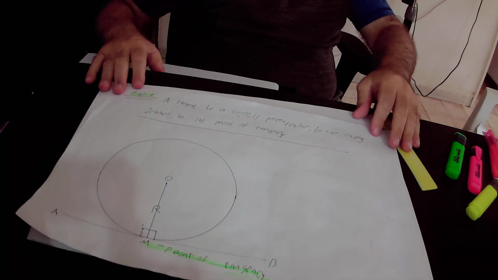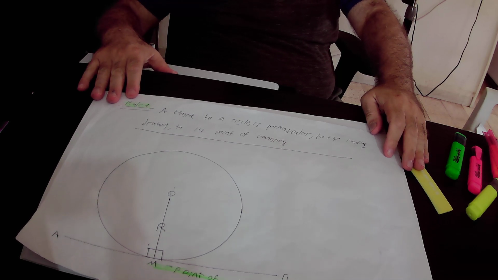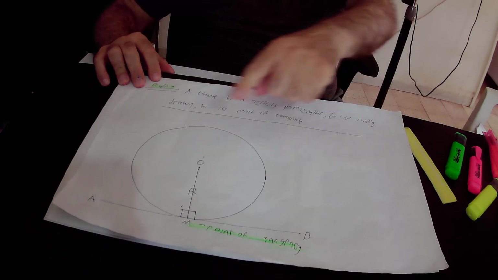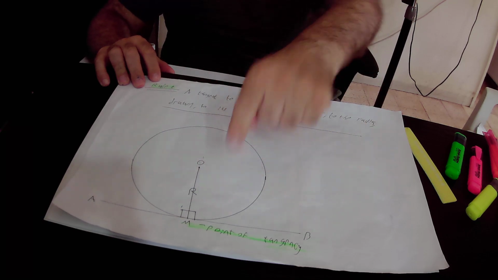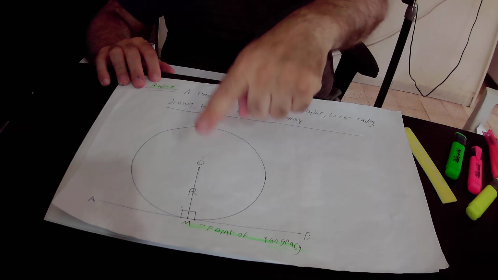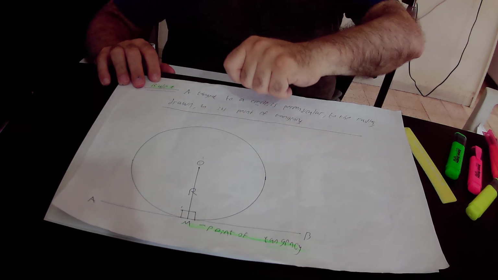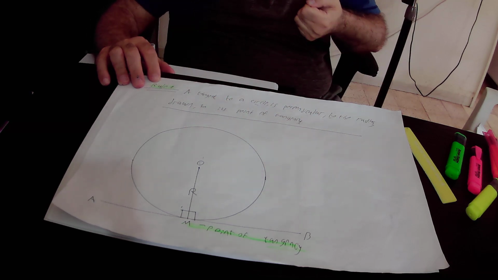According to rule number 1, a tangent to a circle is perpendicular to the radius drawn to its point of tangency. So here we have tangent AB to this circle. Tangent AB is tangent to this circle at point M. Point M is the point of tangency. And we have the radius OM that is drawn to the point of tangency.